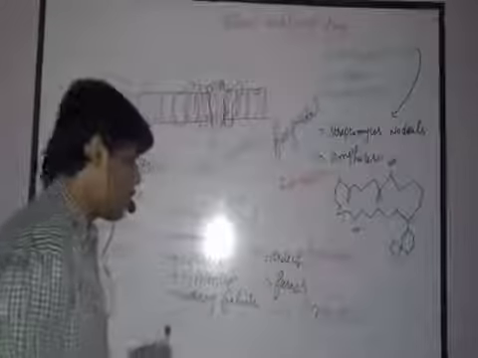So these are the adverse, or we can say side effects, which usually occur whenever we give these kinds of polyene antifungal drugs. So this will be the side effect. Fine, I hope you understand.